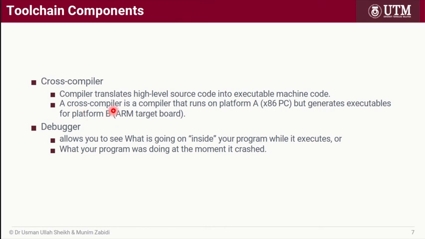Then we have a debugger, as I mentioned earlier. It allows you to see what is going on inside your program while it executes. It means that you want to see the output of each line of your program, what the output of each instruction is, and what your program was doing at the moment it crashed.